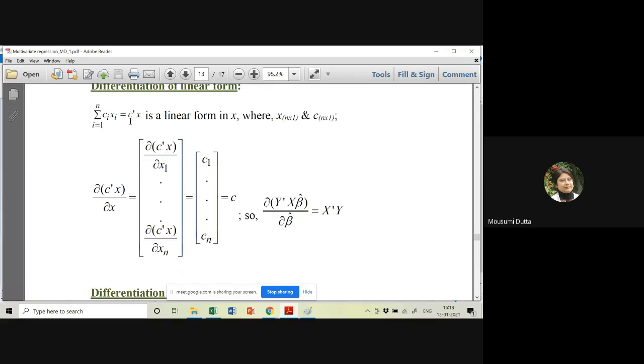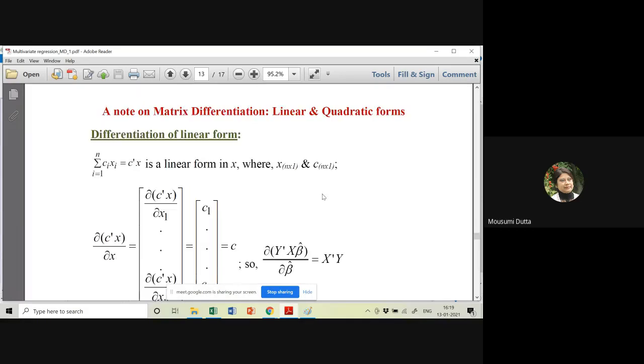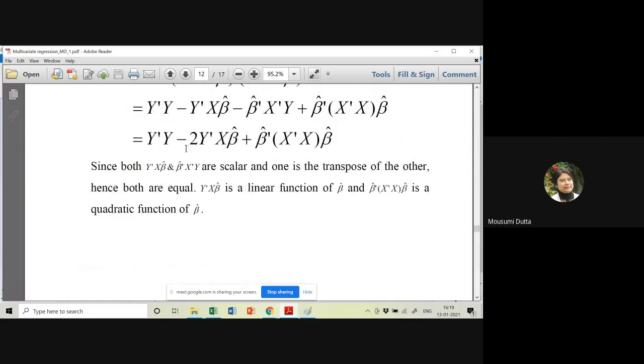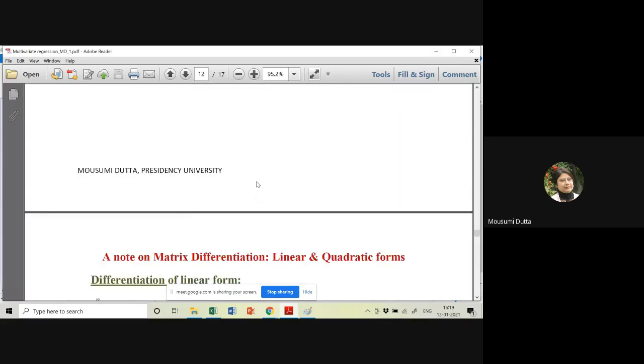I started with C prime x, and after taking the derivative, I get C. So following the same logic, I'll get back the transpose of y prime x, which is given by x prime y. So if I take derivative with respect to beta hat, my term will be minus 2 x prime y.